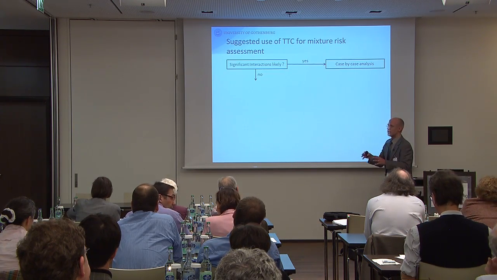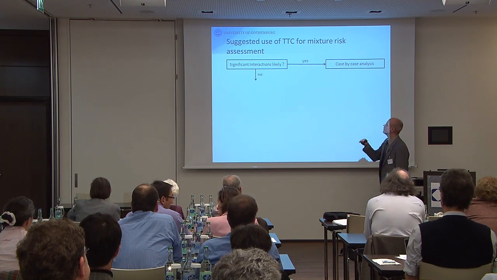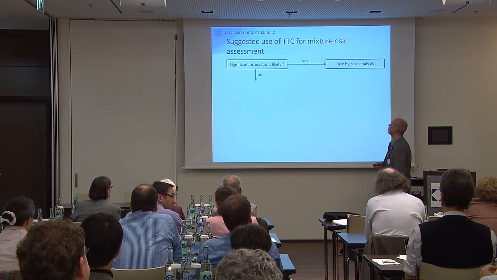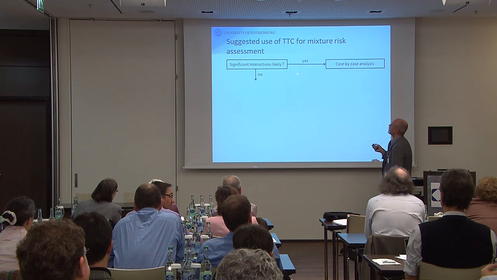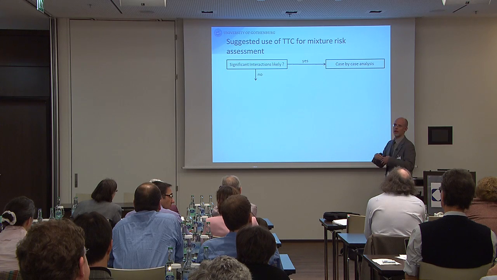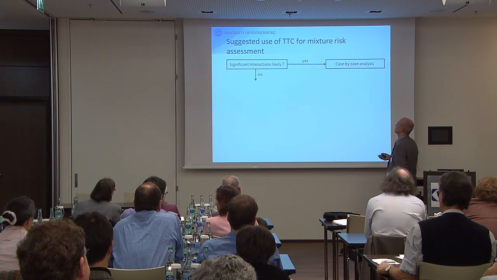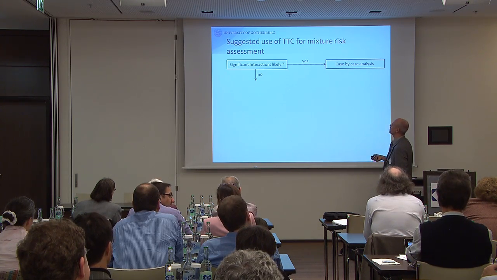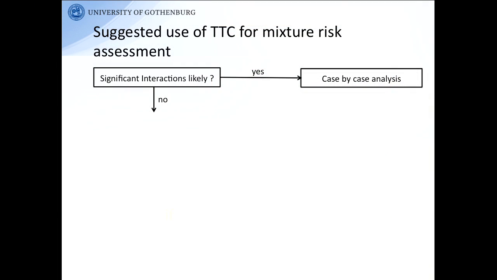So if we take all these things together, I would like to suggest a slightly different flow of argumentation for how we use the TTC in a mixture context. The first question that you always need to ask is: are there any significant interactions that are likely because of the chemical structure, because you know that from similar compounds? If you have interactions with, I don't know, cytochrome P450s or something like that, then you have to do a detailed case-by-case analysis.